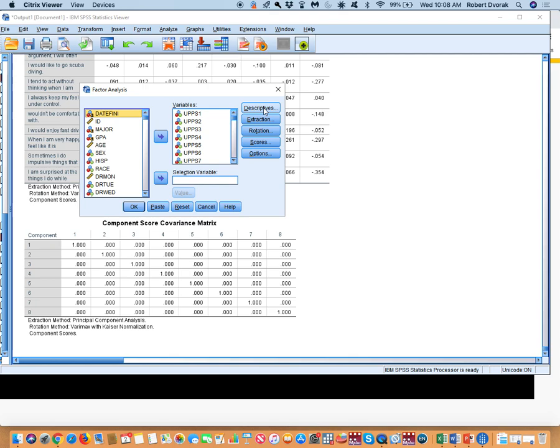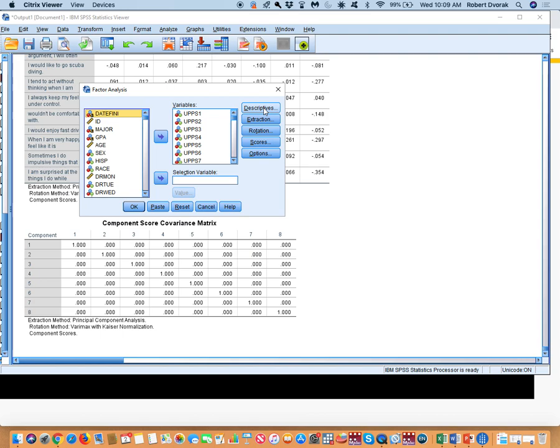What's the difference? The difference is that principal components assumes that you have got error, and that error is somehow important. Factor analysis is saying we're not going to worry about error. We're just going to focus on the extent to which each of these items is related to the factor. And when you do that, what happens?